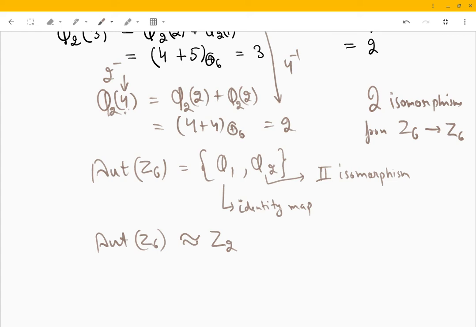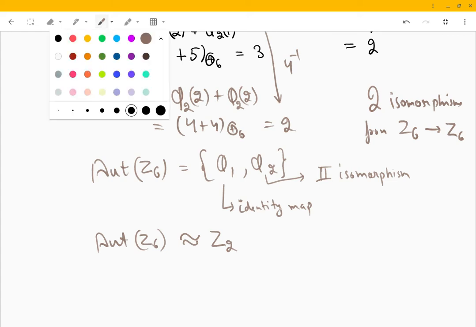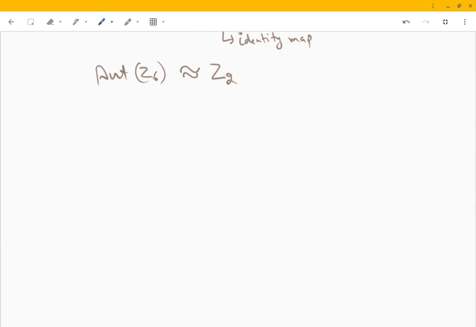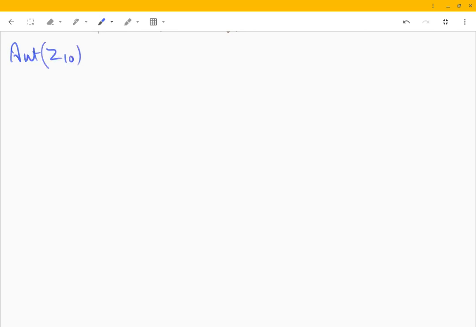I hope I gave you some insight into this Aut G. And now let's see one more example. Actually, two more examples. Let's find Aut Z10, and then we will conclude one more thing.